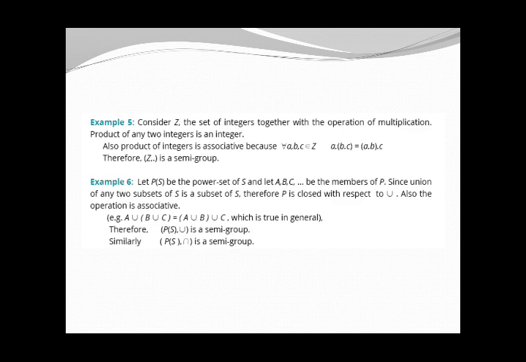And if we apply union and intersection on it, the set is a semigroup under union and also a semigroup under intersection. We will do this example in the exercise also.